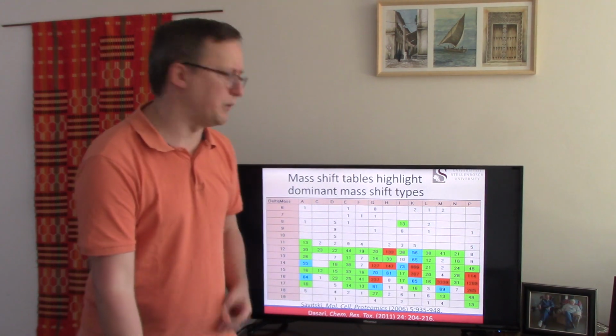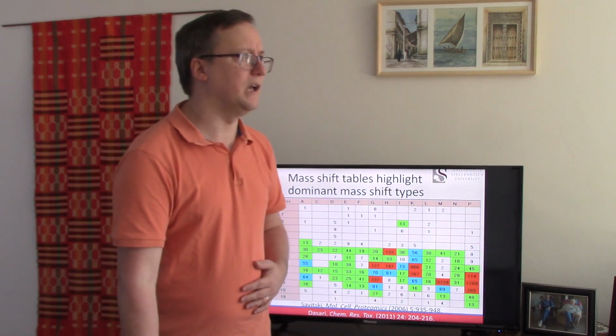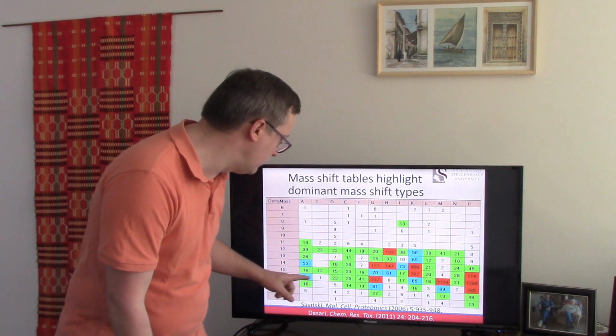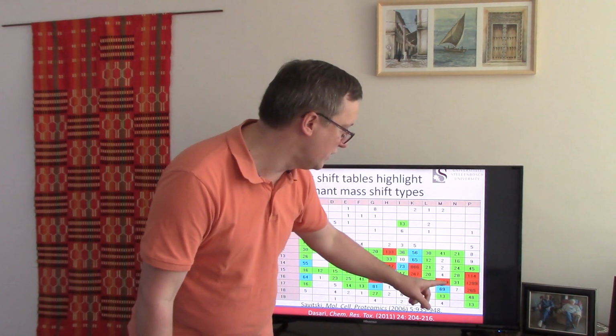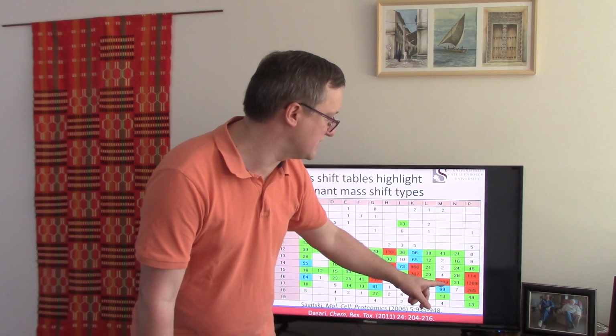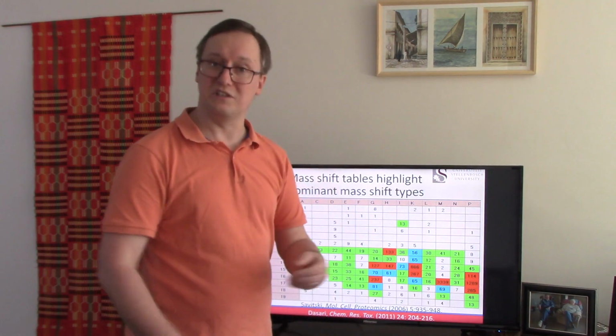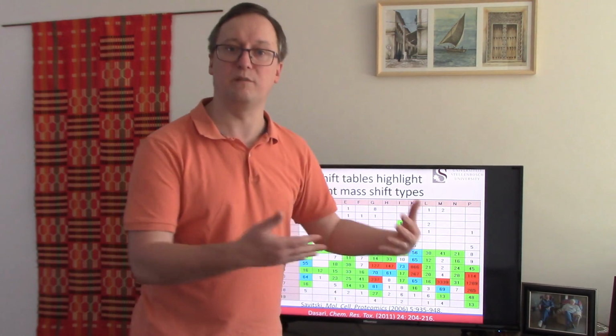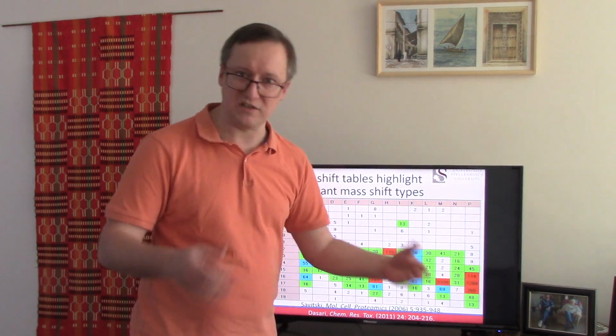It is not, however, the only place where 16 is seen. This is another case where we were working with a sample that contained a lot of extracellular matrix. If you follow the 16 row all the way over, yes, you see that the highest number is at methionine, but the next highest number is at proline. So this is a case where collagen present in the sample contained a large number of hydroxyprolines that led to mass shifts there.